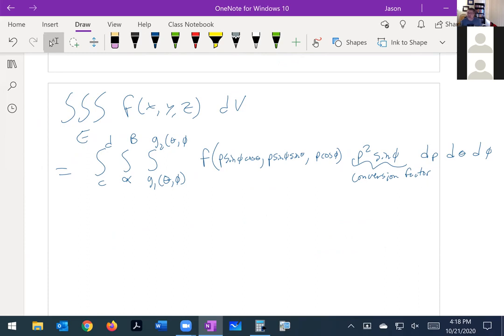Okay, and again, why do we use rho instead of r? Because say that we get a function in terms of theta and phi, and then I do the integration with respect to theta, and then I get a function just in terms of phi, right?